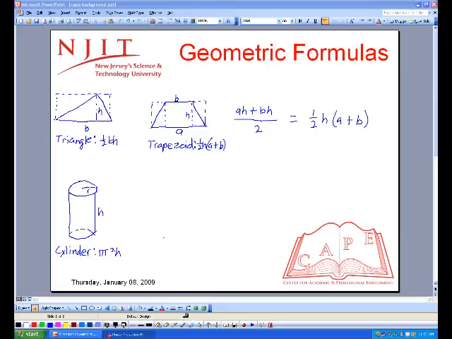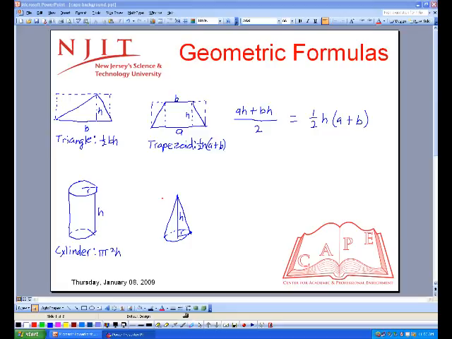Now for a cone of height h and radius r, it's similar to a cylinder, but it's almost like taking 2/3 of it away.